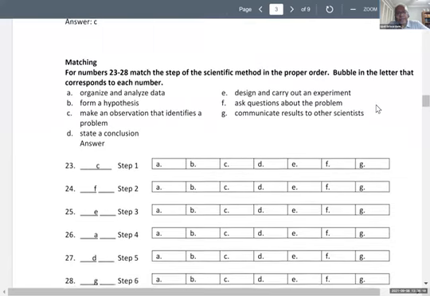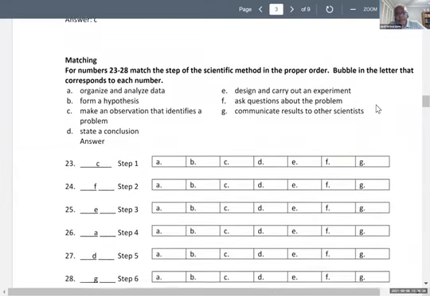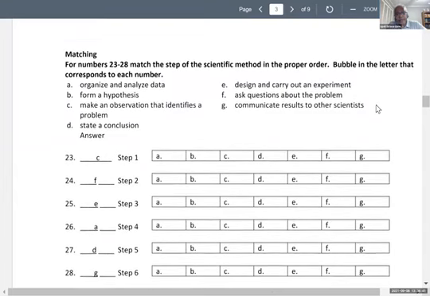Numbers 23 to 28 are about steps in the scientific method. There are choices A to G. So step 1.